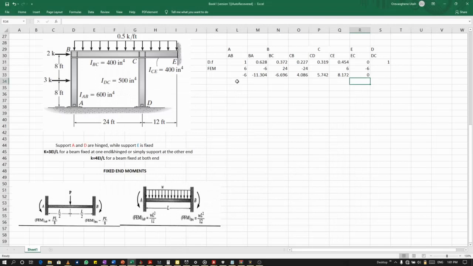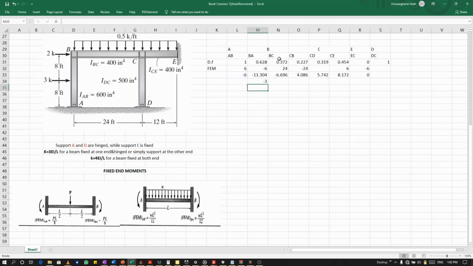Okay, so what we're going to do next is start sharing. Since this is a pin joint, we're going to share what we have here just once. So we're going to share from A to B. That will give us, okay, we have -3.